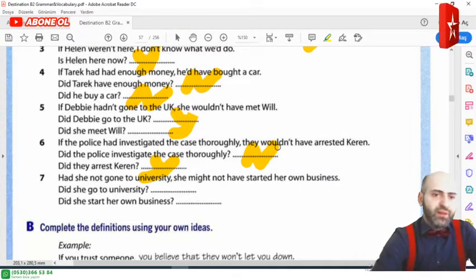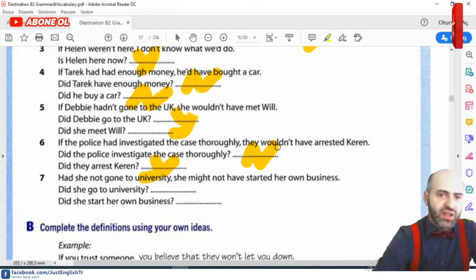Let's see number 7. Had she not gone to the university, she might not have started her own business. Did she go to university? And did she start her own business?